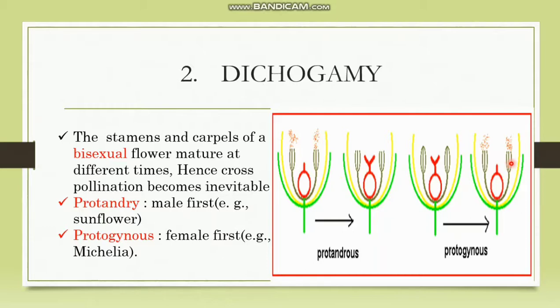This condition, where the female reproductive part matures earlier than the male reproductive part, is known as protogyny. Here the young flowers are pollinated by the pollens from the older flowers. So due to the difference in maturation of male and female reproductive parts, self-pollination doesn't occur in these flowers and cross-pollination is the rule.